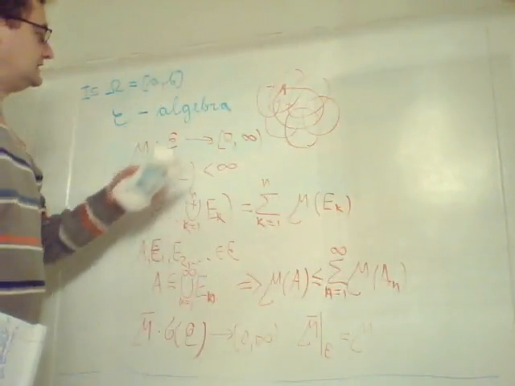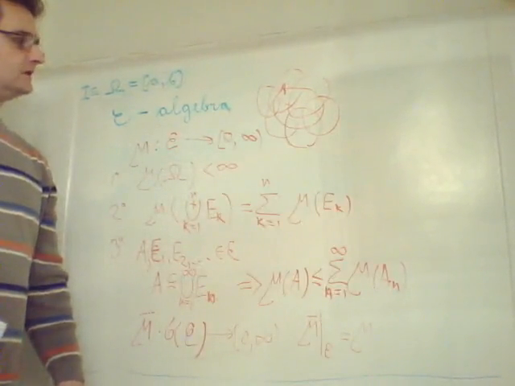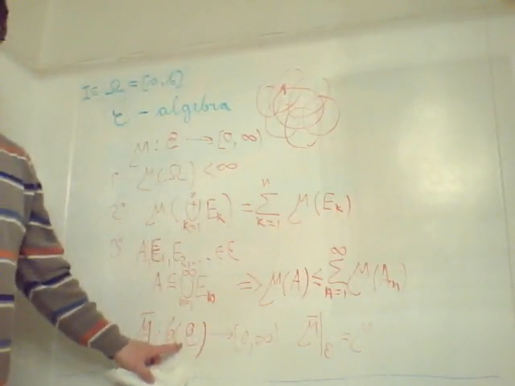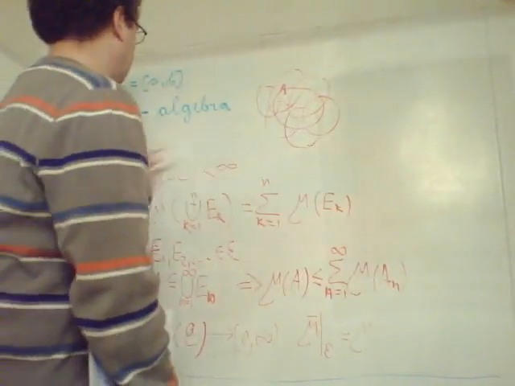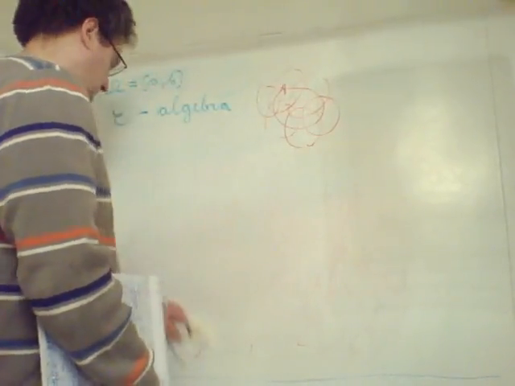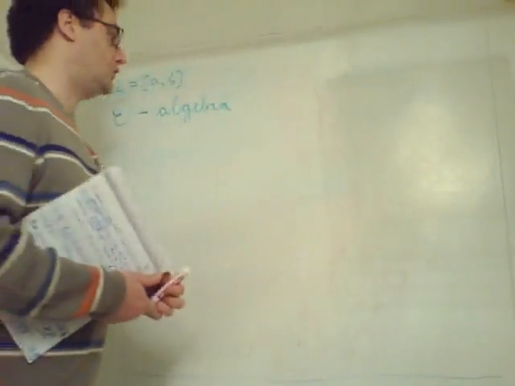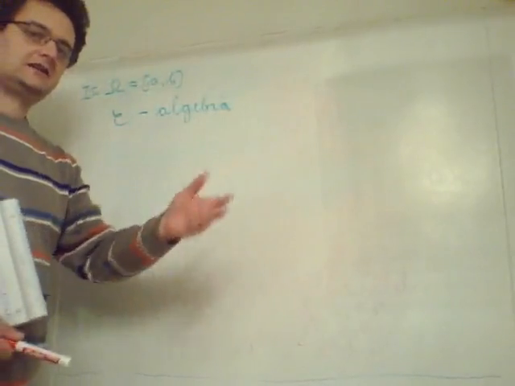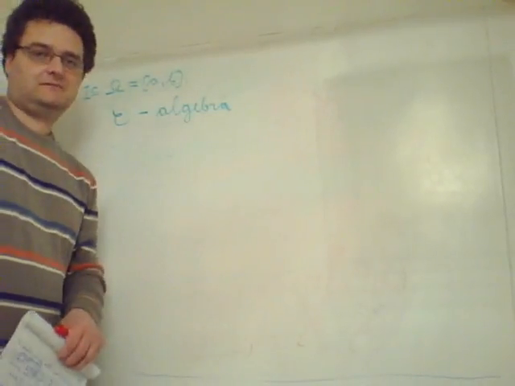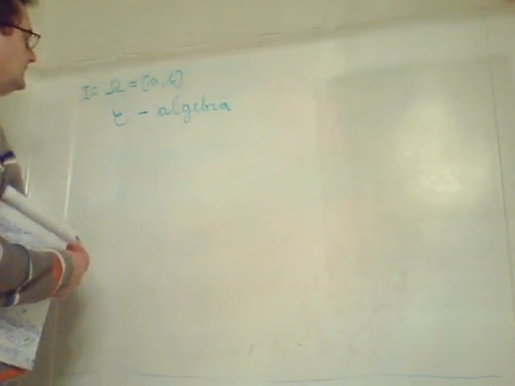So, in our case, when E is the collection of all elementary sets, which is an algebra, we can extend it to the minimum sigma field containing this algebra E. So what is actually the minimum sigma field containing this algebra? It's very easy to see that if you have two or more sigma fields, their intersection is also a sigma field. It's a really elementary exercise in set theory, just using the definition of a sigma field.